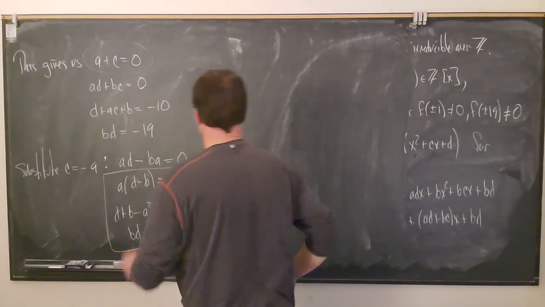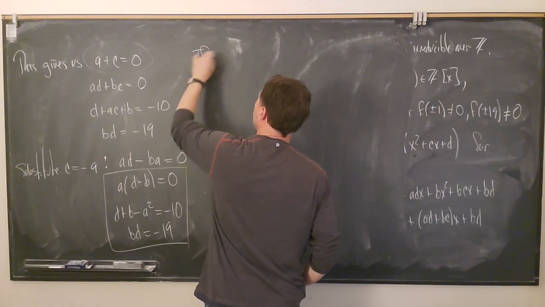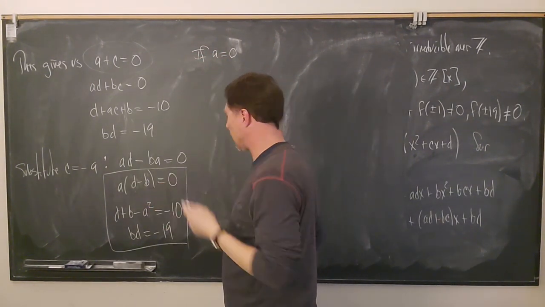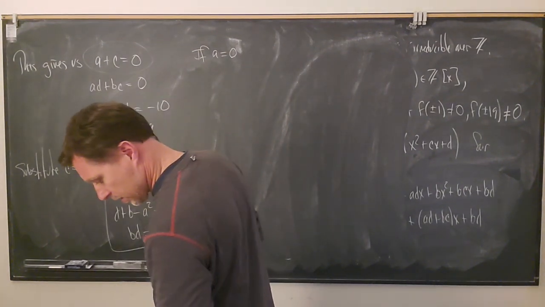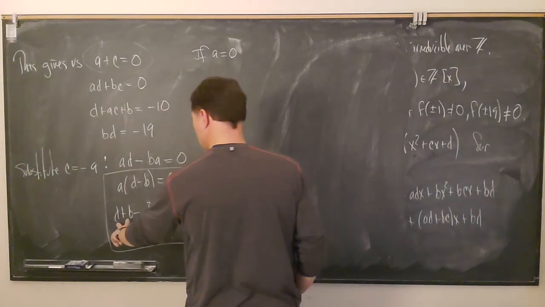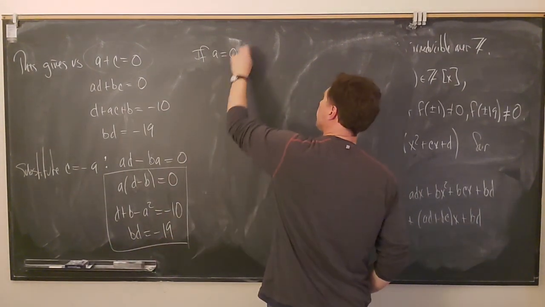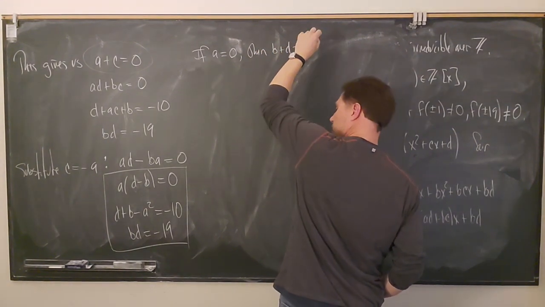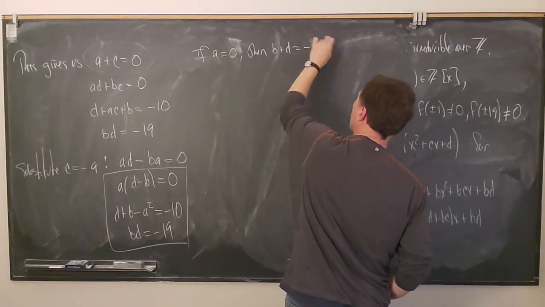So if A equals 0, from this equation right here, that's one of our possibilities, then we have D plus B equals minus 10.